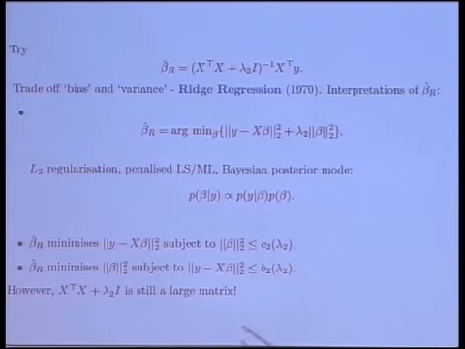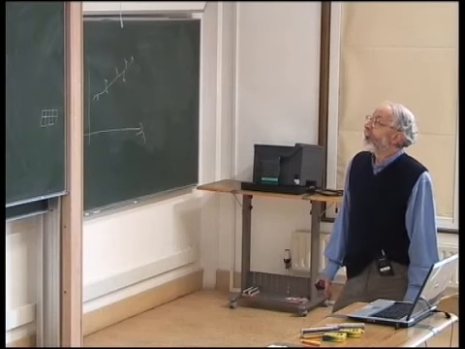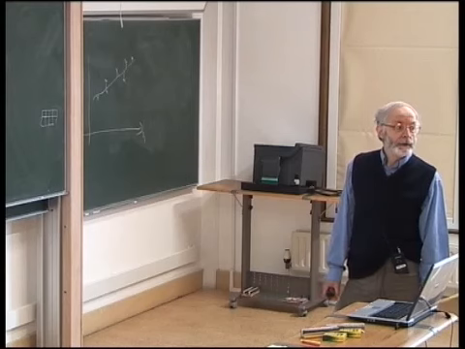And this can be regarded as L2 regularization. It could be called penalized least squares or penalized maximum likelihood. And it's also got what's called a Bayesian interpretation.